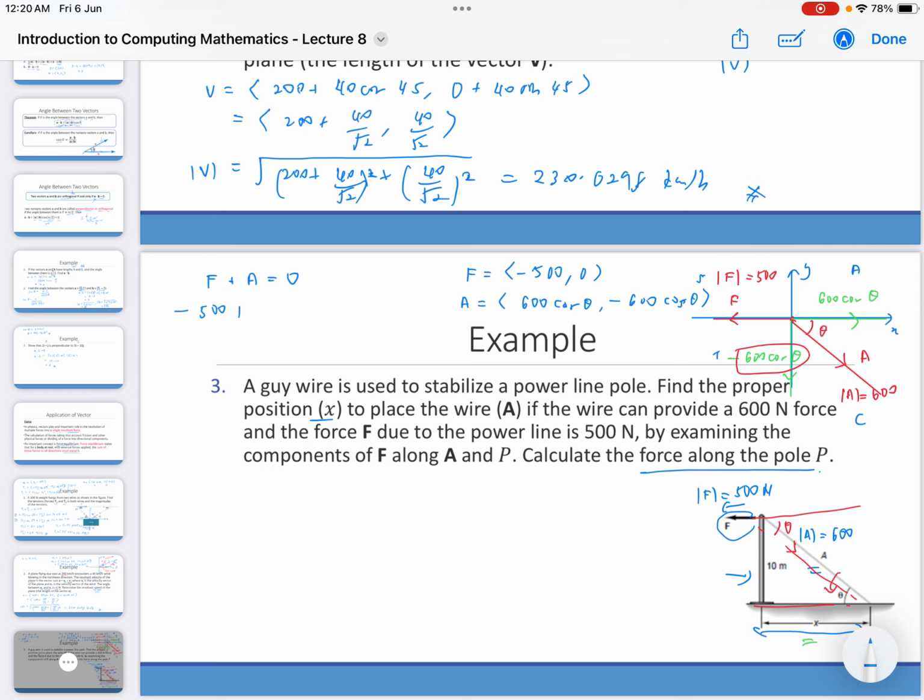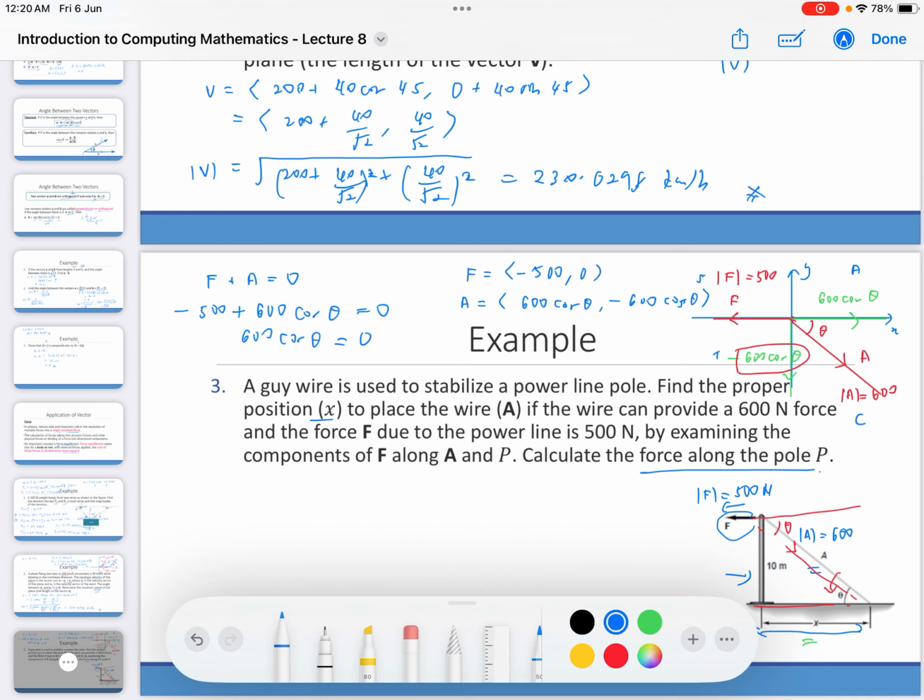So we add the x component, negative 500 plus 600 cos theta, equals 0. From here we can solve 600 cos theta equals 500.